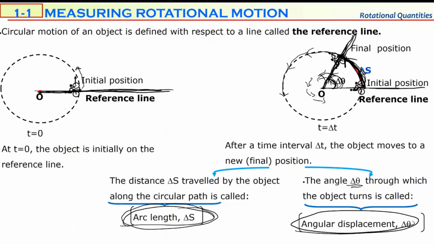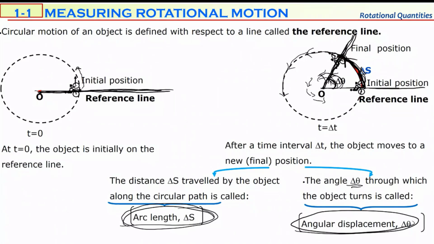So always for circular distance, we use delta S, in meters, centimeters, but the SI unit is meter. But angle will always be represented in radians in calculation. Sometimes they can give you degrees. You are going to convert degrees to radians, and you know how to convert it.